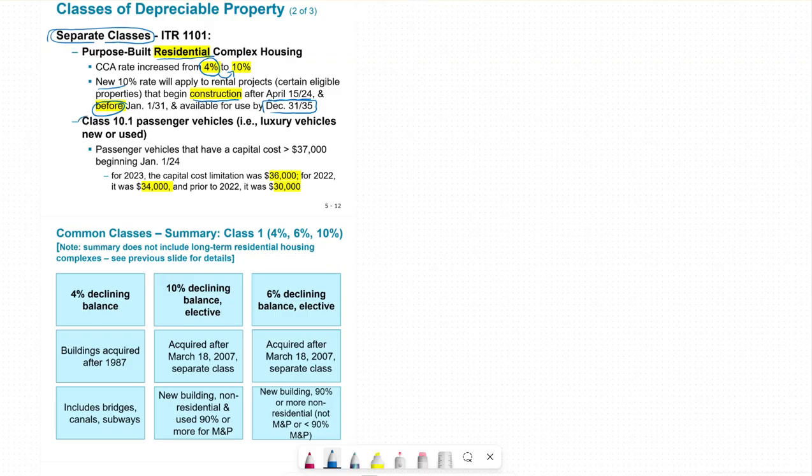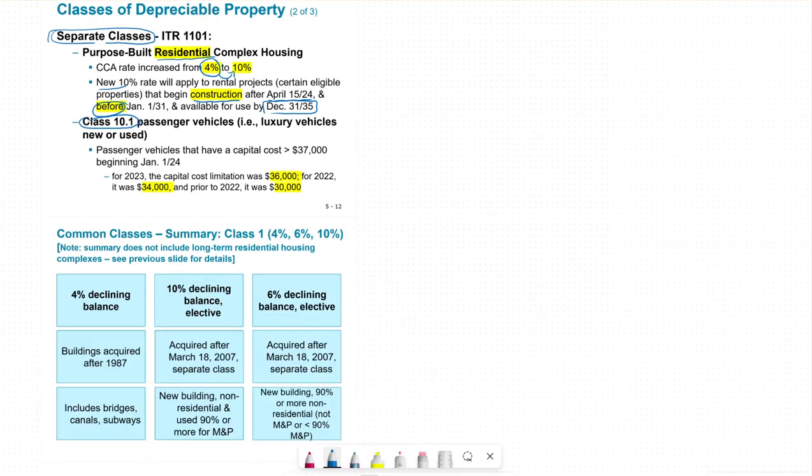Then the other new rule is with passenger vehicles. If you're buying an asset that is a passenger vehicle, we can have luxury vehicles, new and used.